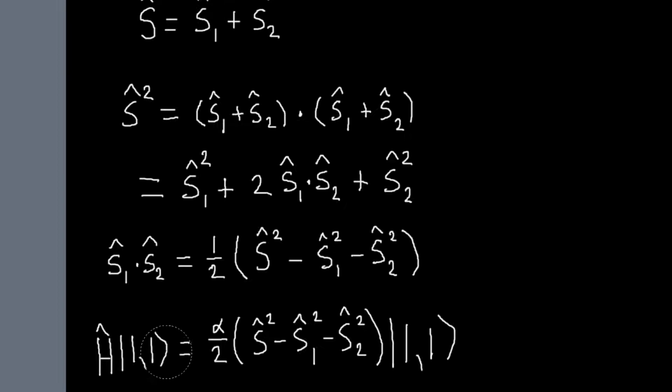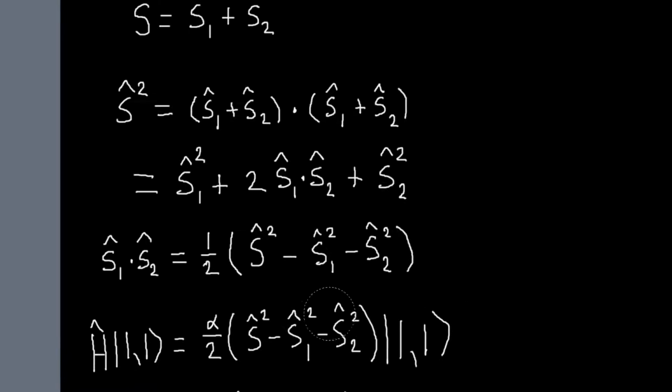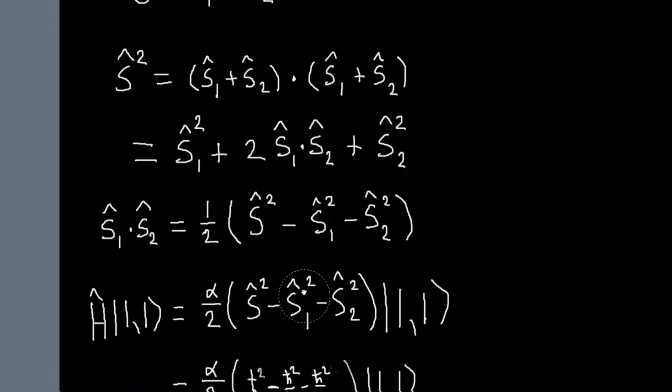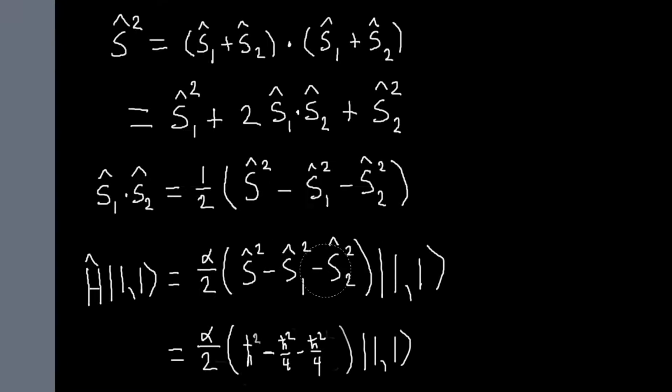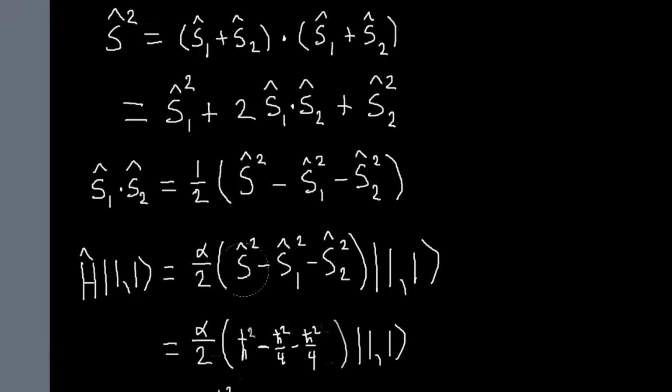So the Hamiltonian acting on our 1,1 state, we have this. And naively, what you would do is, well, the total spin of this state is 1, or, well, h bar. So I should just replace my S squared with h bar squared.